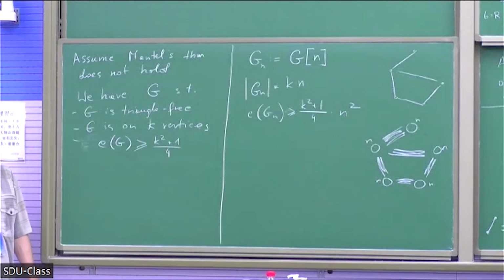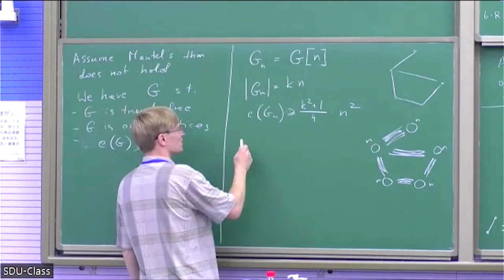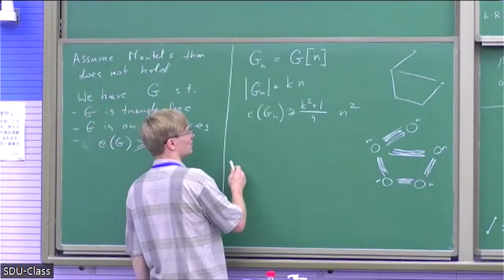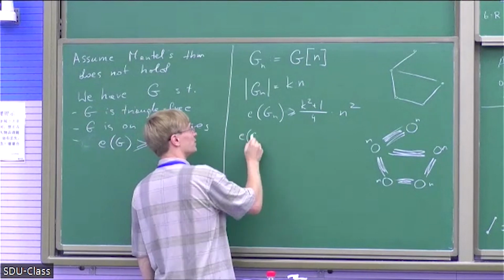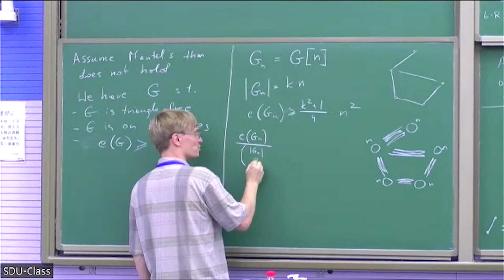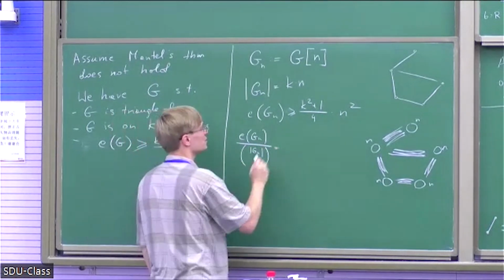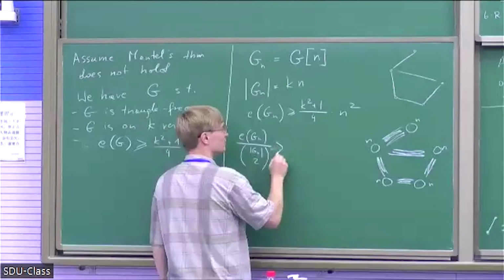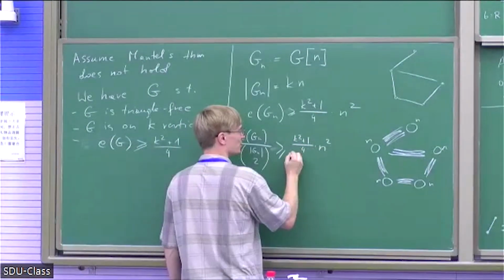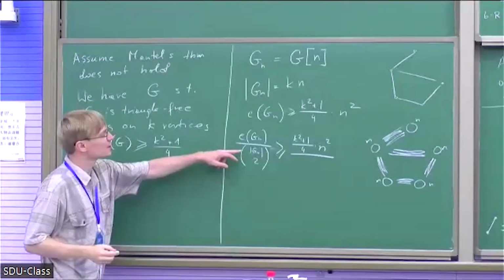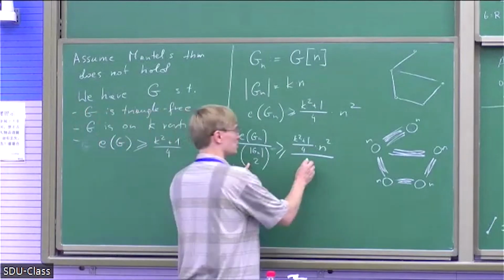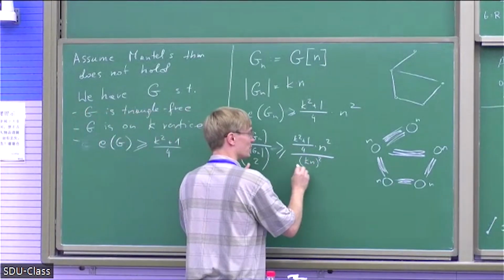You agree? Okay, so what's my edge density? In order to calculate edge density, I need to divide the number of edges by the number of vertices choose 2. And this is at least (k squared plus 1)/4 times n squared divided by kn choose 2, but kn choose 2 is less or equal than (kn) squared over 2.